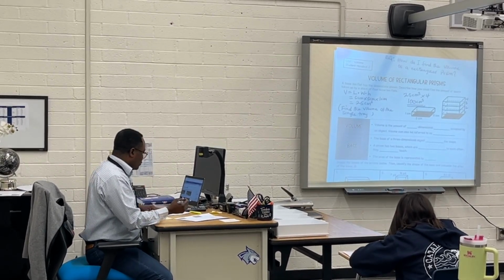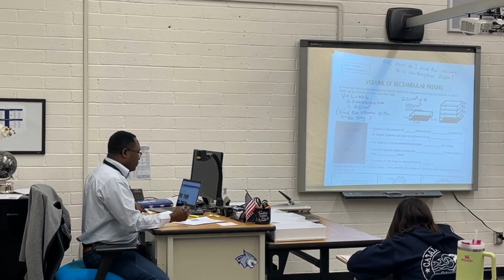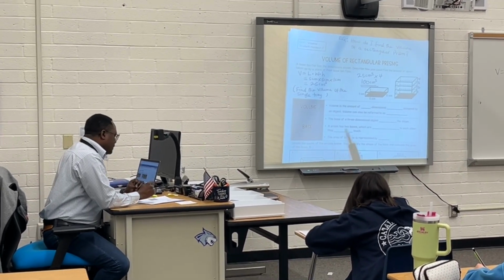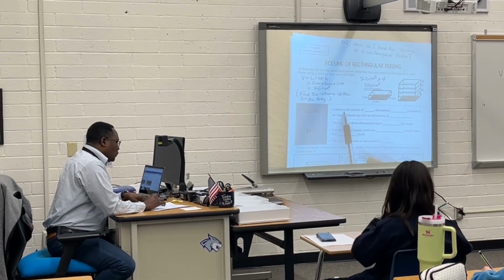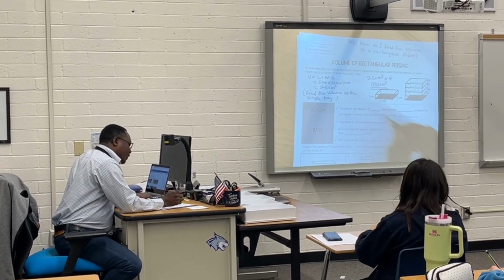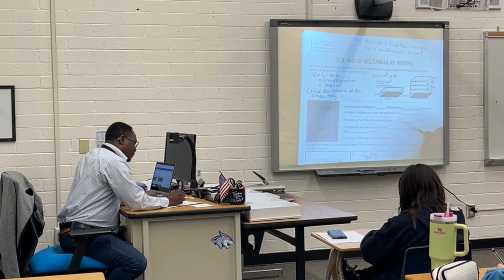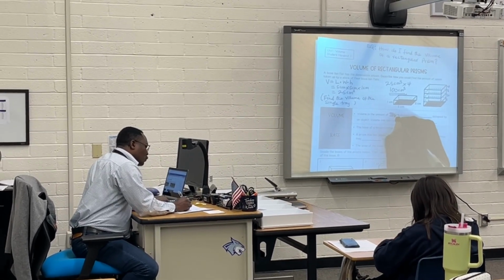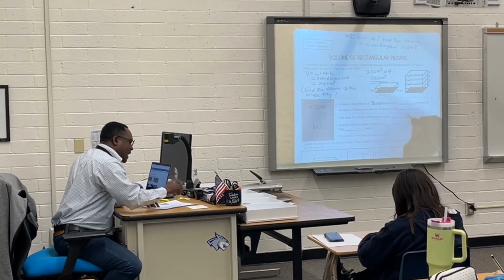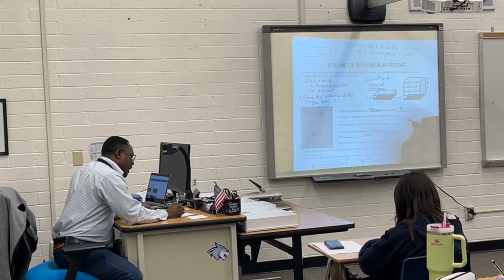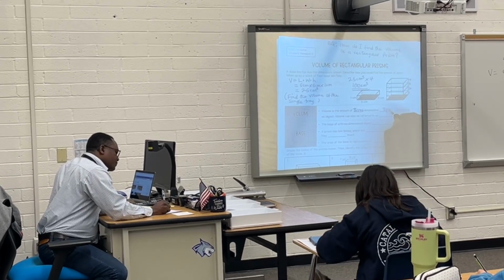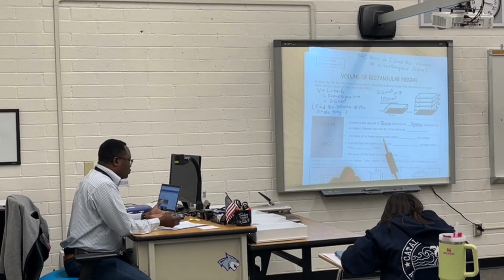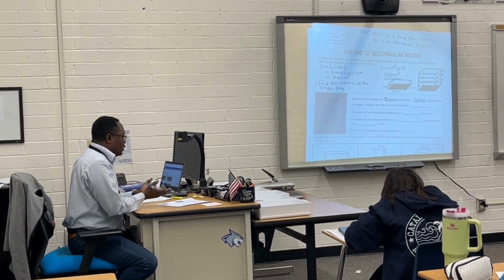Okay, so let's try to quickly get some small notes about the rectangular prism. So we are saying volume is the amount of three-dimensional space occupied by what? Occupied by an object. So this is just to give us an idea of the definition of a volume.